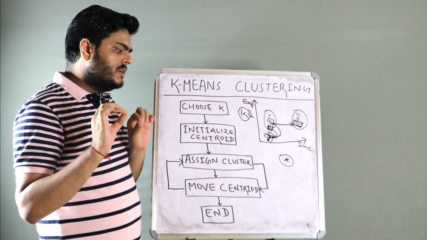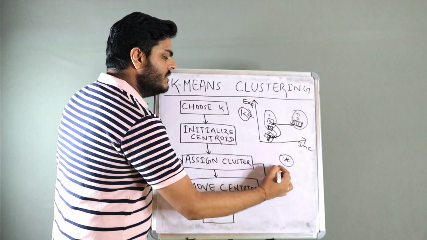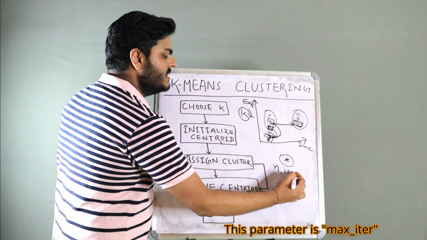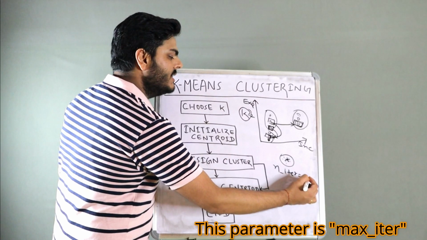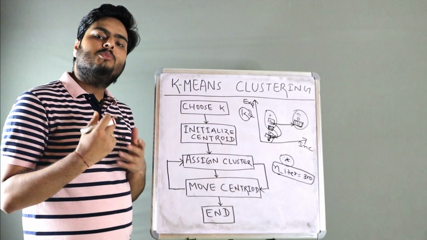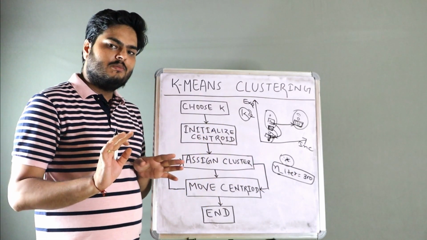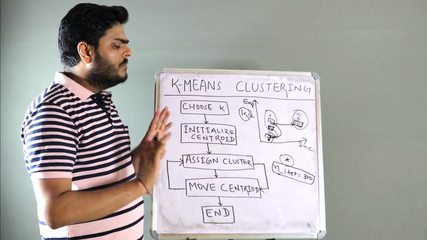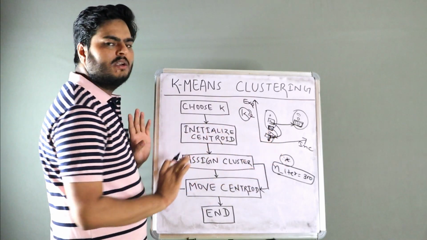In k-means clustering, when you call it in Python, you can give a parameter called number of iterations equal to, let's say, 300. Then the centroid shift will not happen more than 300 times. Okay, that is a parameter you can pass, but it will automatically converge before that if you have simpler data.